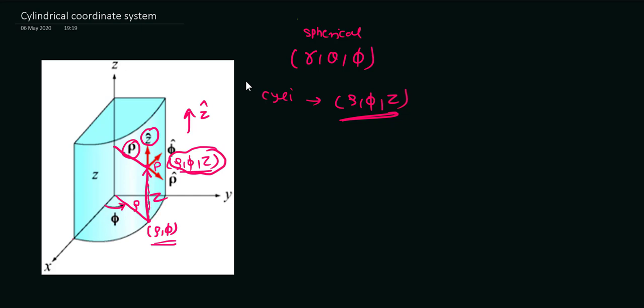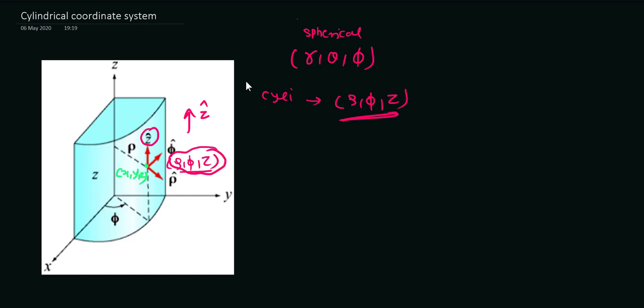So now let's try to get the relation between the Cartesian coordinate system and this cylindrical coordinate system. Let's imagine this is the Cartesian coordinate system. Then this point would have been x, y, z. Now we want to find the relation between this x, y, z and rho, phi and z.